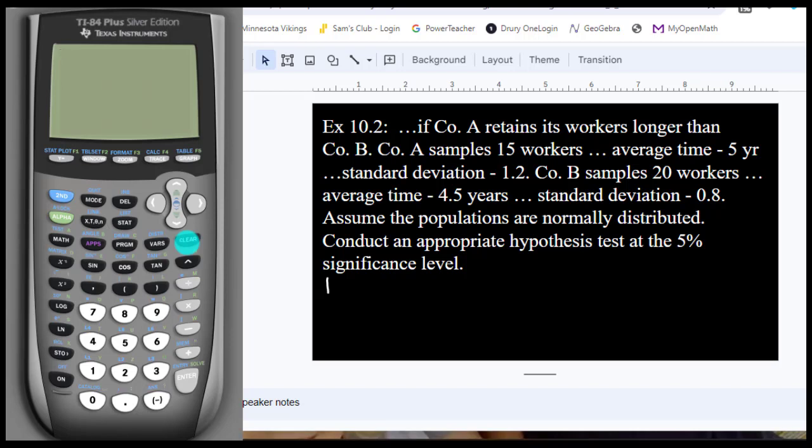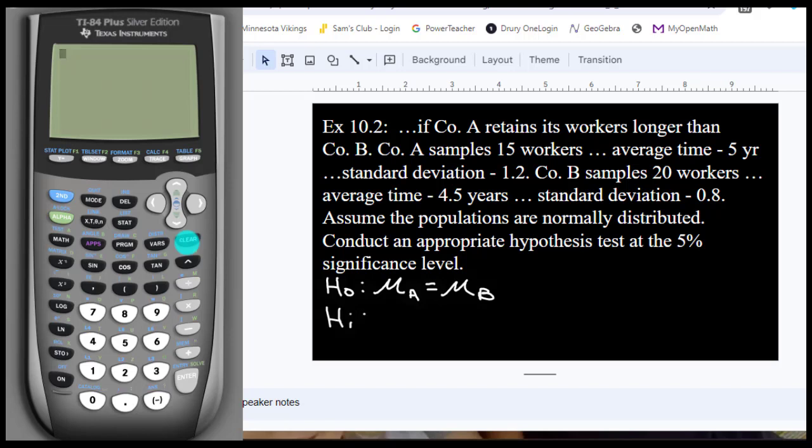Our null hypothesis is comparing the two means. So the null hypothesis, remember, is a statement of equality or no change or no effect, and that means the mean from company A is going to be equal to the mean of company B. And so that is our null hypothesis.